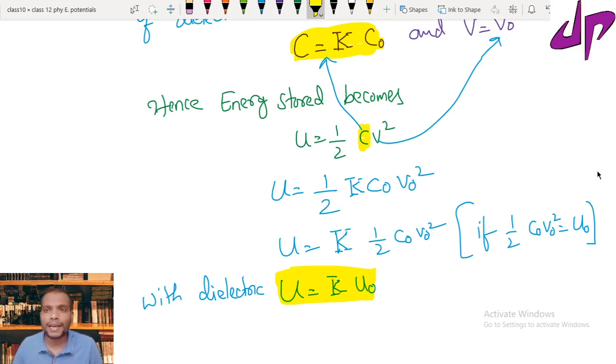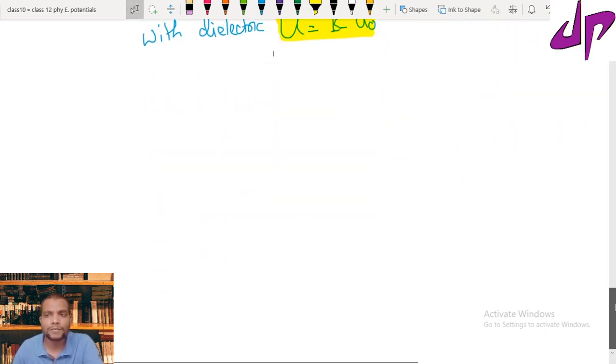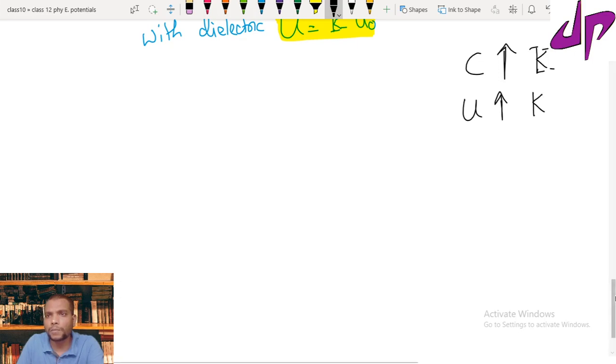So if we place a material with a larger dielectric constant inside the capacitor, the potential energy storage also increases. Capacitance increases with kappa, and potential energy also increases with kappa. That is the importance of the dielectric medium.